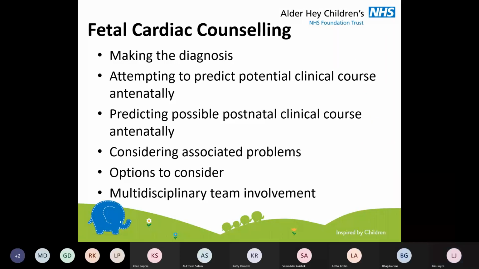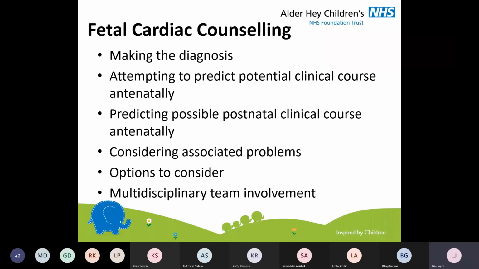So, brief summary: after making the diagnosis, what we counsel them is that it is potentially difficult to predict accurately what the clinical course would be antenatally, because what could be just a mild aortic stenosis at 20 weeks may progress to become significant aortic stenosis and or may become hypoplastic left heart towards the end of the pregnancy itself.